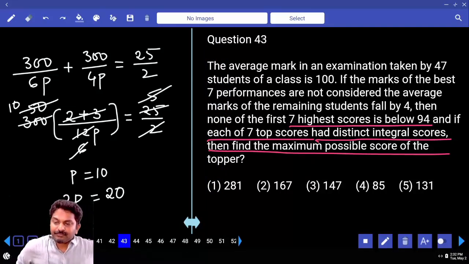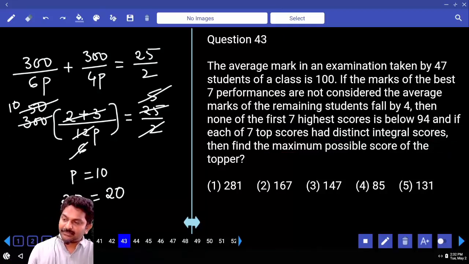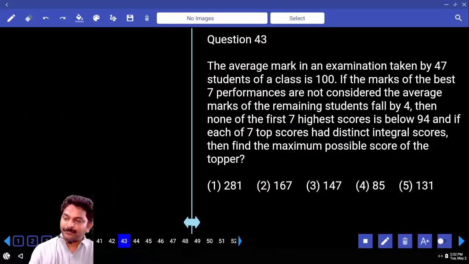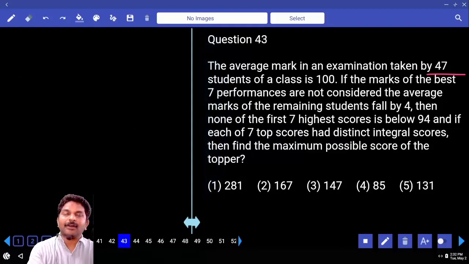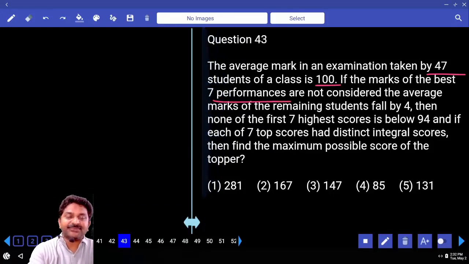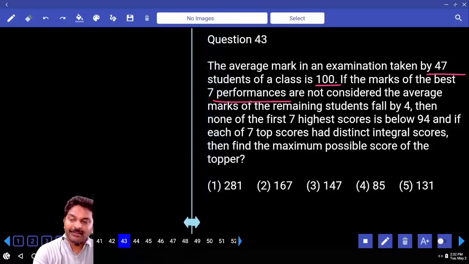Right. So now, total how many students are there? What's their average? And how many performances are we not considering now? 7.